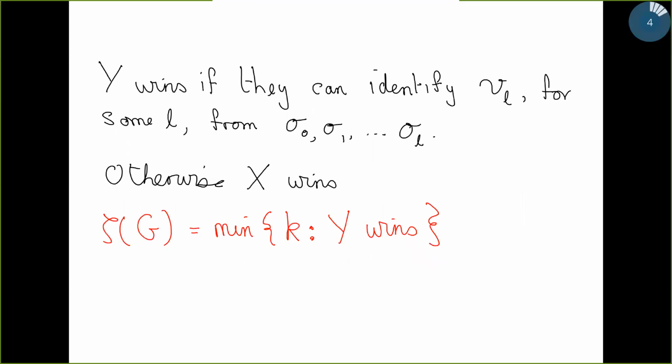Y will win if they can identify where X is after a finite number of steps. And otherwise, capital X wins. And we'll say that zeta of G is the smallest K such that Y can win.